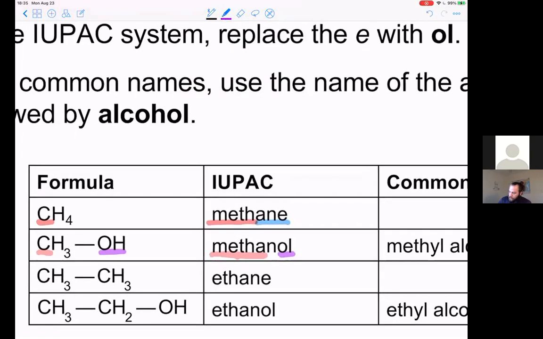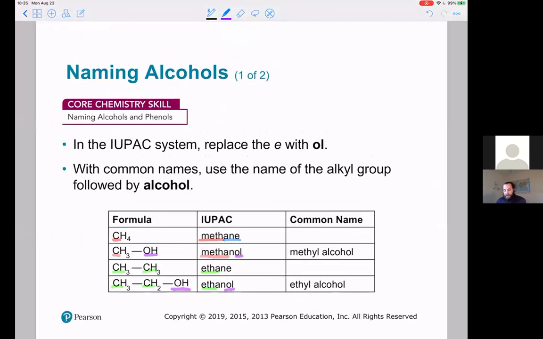Okay, so when we get to our next, more complicated example, ethane, the eth referred to two carbons. When we have a two carbon alcohol, we again keep that eth, but now we have the ol ending, the ol for that alcohol. So replacing the e on the end of our alkane with ol, that's how we get our alcohol name, the IUPAC name.